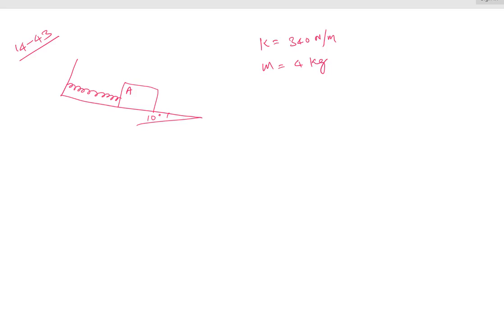And the amount that it has been compressed is 0.3 meters. And what else is given? The coefficient of friction is 0.8. Okay, these are given. And what do we need to find? How far down the slope will it travel?